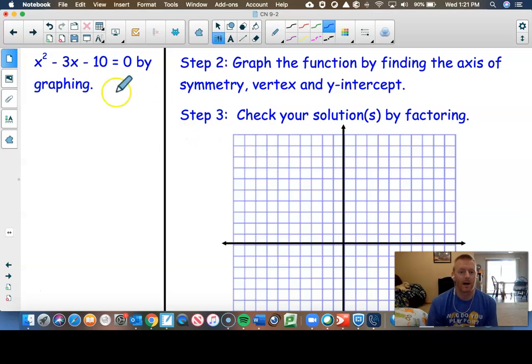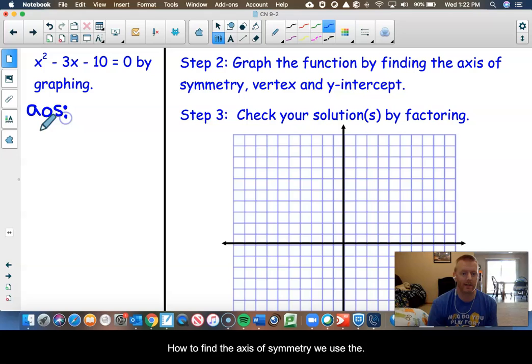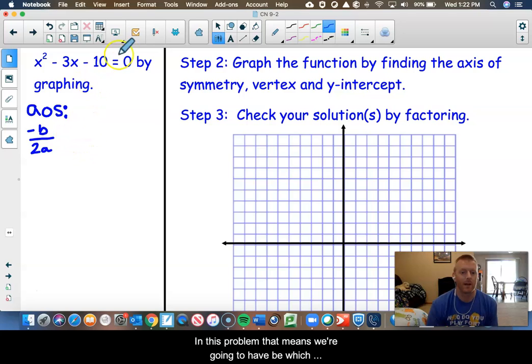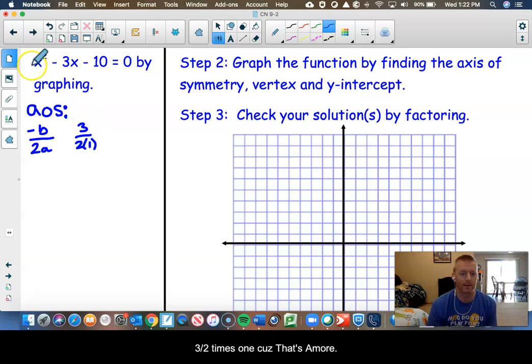So to find the axis of symmetry, we use the opposite of b over 2a formula. In this problem, that means we're going to have b, which is a -3, the opposite makes it a +3, over 2 times 1, because that's your a, which means that your x is equal to 3 over 2, or if you want to call it 1.5, that's cool.